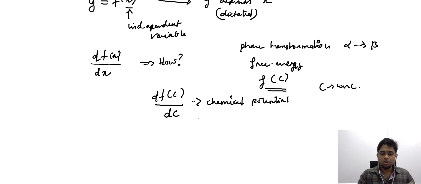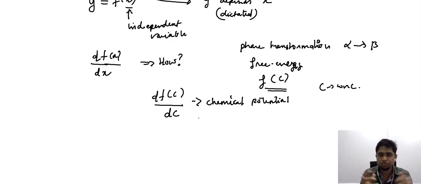Now when I say the free energy varies with the concentration, there is an inherent or implicit assumption that I am making. When I am saying that this free energy is dependent on the concentration, I am making an inherent assumption.